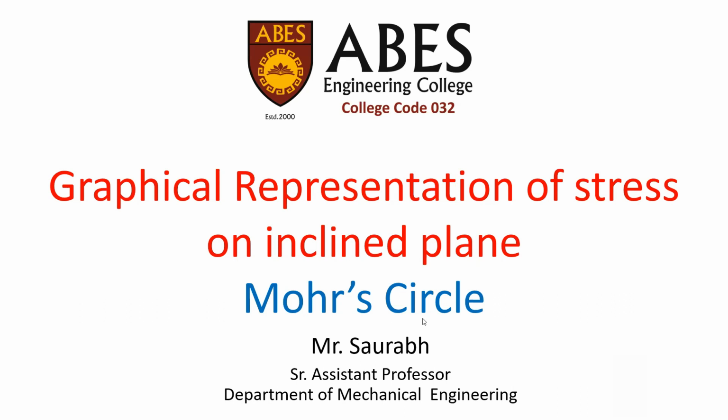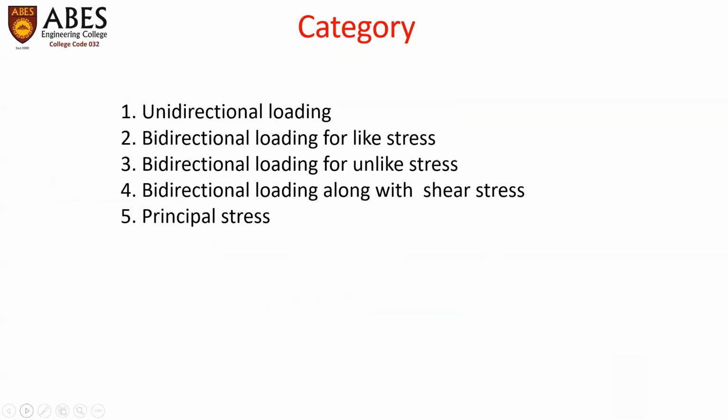Moving further, Mohr circle construction is categorized in five ways. That is unidirectional loading, bidirectional loading for like stresses, and bidirectional loading for unlike stresses. What is the meaning of like and unlike? Like stands for the same nature of stress acting on the body.